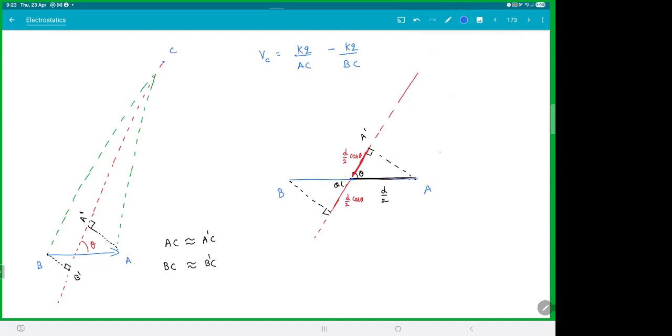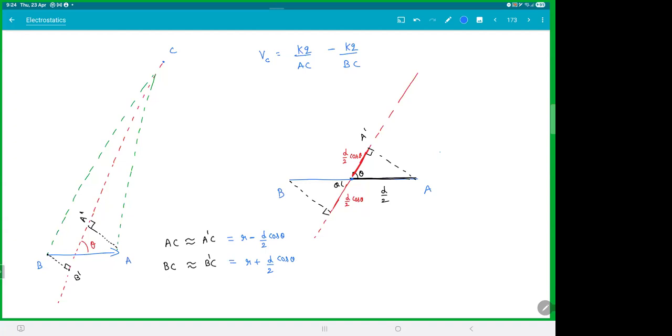Great. Now from center, we know the distances. So A dash C becomes nothing but R minus D by 2 cos theta. B dash C will be R plus D by 2 cos theta. So what we did was simply bring them onto the same line. Now A dash and B dash will look like all are in a straight line, so your life becomes a little easy.